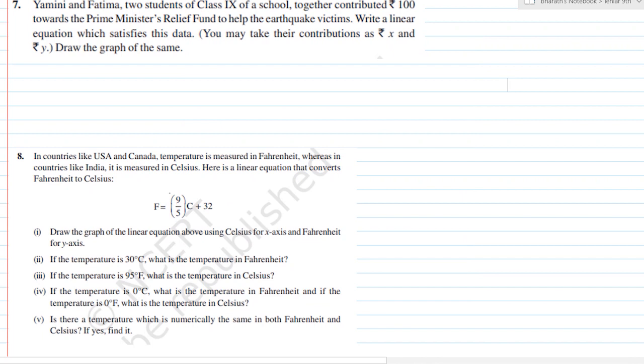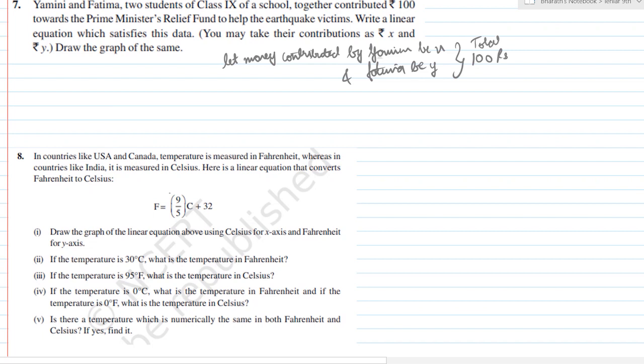Yamini and Fatima, two students of class 9th of a school, together contributed 100 rupees towards the Prime Minister Relief Fund. So let the money contributed by Yamini be x and Fatima be y, and the total is 100 rupees, right?